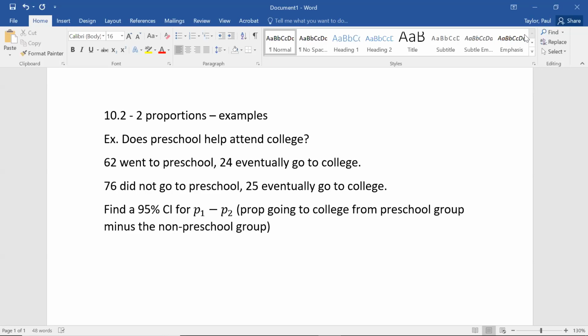So I'm calling the preschool kids group 1, the non-preschool kids group 2. We look at the proportion that went to college in each and do a subtraction.